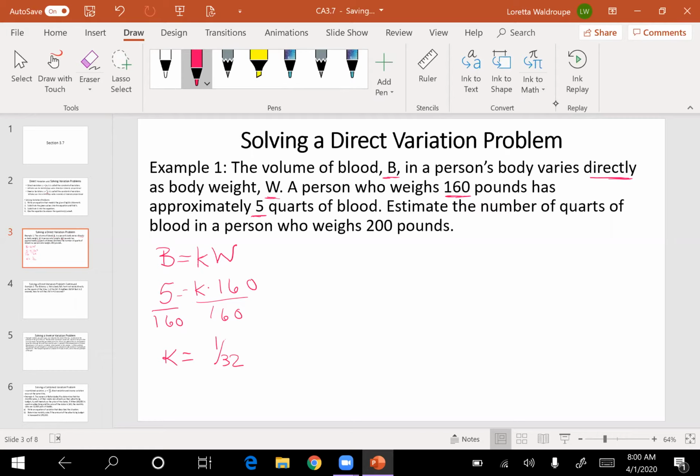So now my equation can become B equals 1 over 32 W, because I can substitute that value for K into the equation.